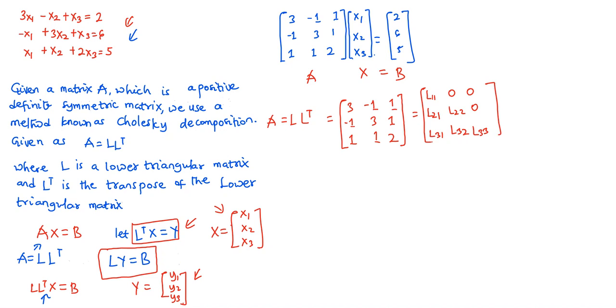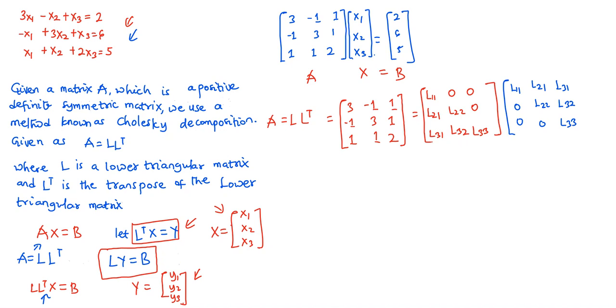You're going to find the transpose of this, which will be just changing the rows to columns. So I'm going to have L11, 0, 0, then L21, L22, 0, and then L31, L32, and L33.